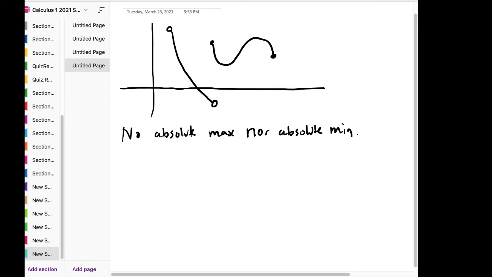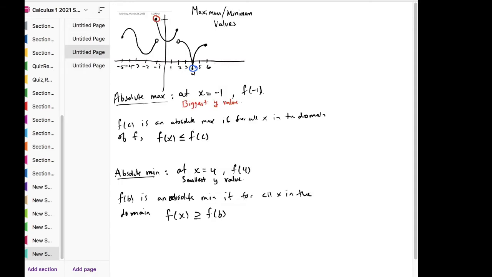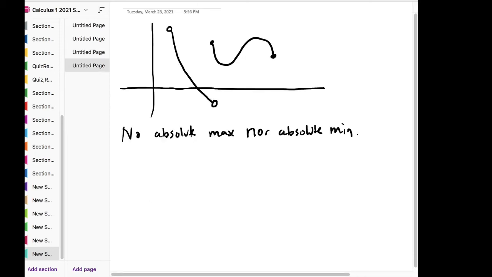There is a hole, so if the hole was filled in, then it would be an absolute max. So why not, based on this definition? Why would there not be an absolute min? What about the hole makes an absolute min not exist?